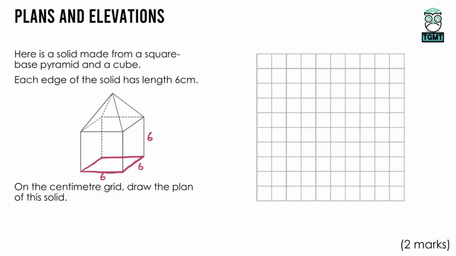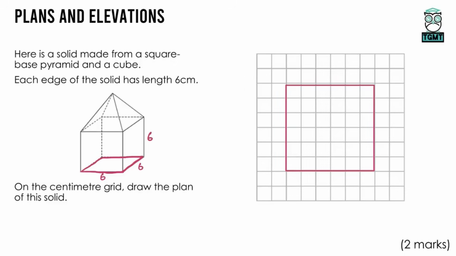So all I need to do, and make sure you leave enough space to actually do 6 by 6, I'll do the length of 6 to start with, and then the length along the bottom of 6 as well, and double check and count them, make sure you've actually done 6. And there we go, I'm going to join it all up from above. And my line there has just gone slightly under, I probably would redraw that, but there we go, there's 6 by 6. Now any edge that you can see, you should also draw in.